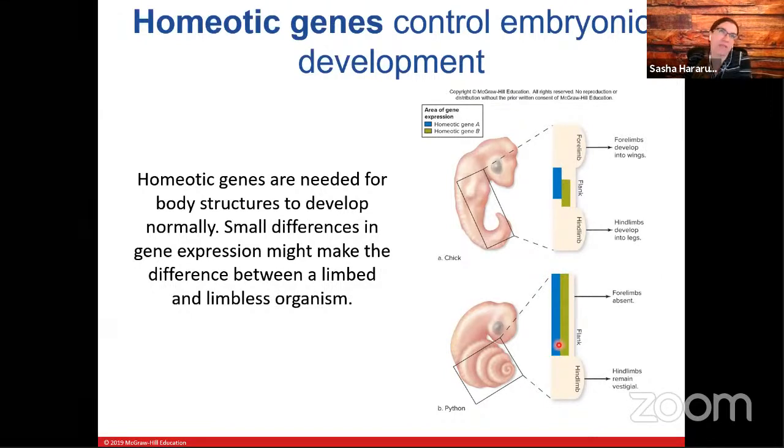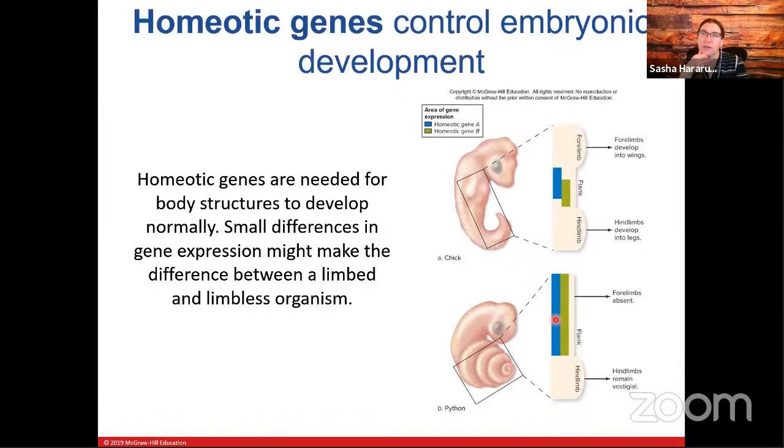So a python may have forelimbs. Probably will not survive, but yeah. But mostly the pythons will not have limbs because both gene A and gene B are going to be expressed.